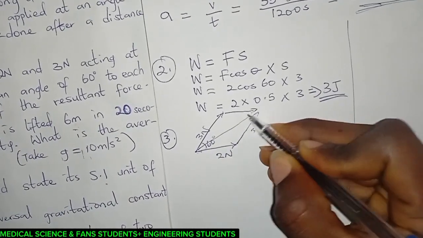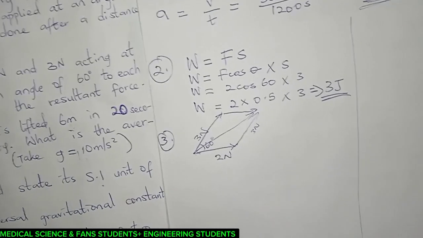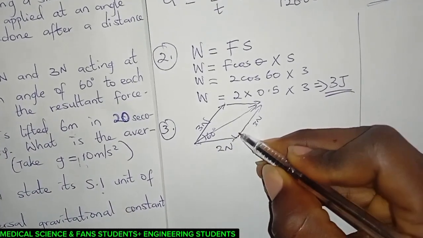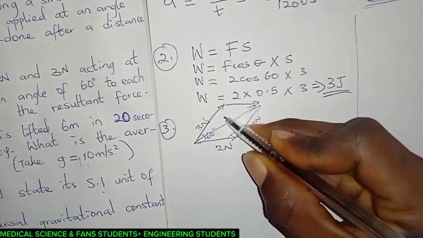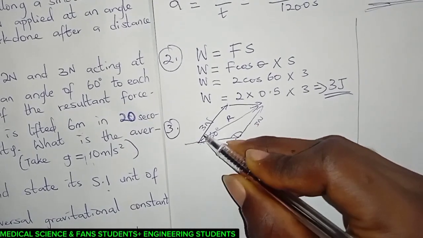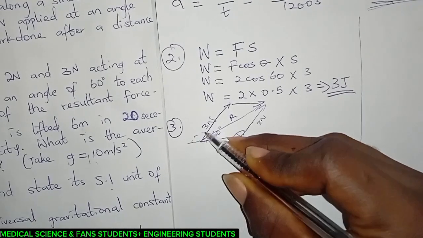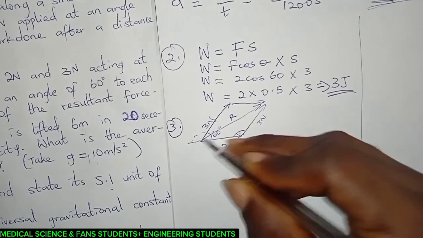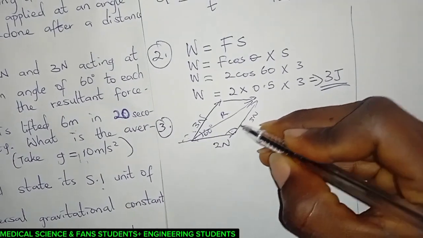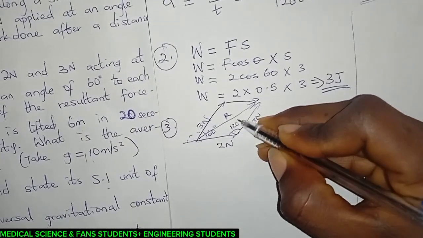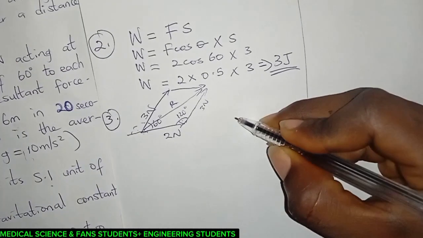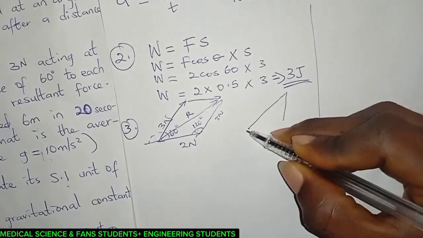So I will now use the diagonal, and for me to use cosine rule, I always need to find the angle here, so that it will be opposite the resultant. How to do that is to say angle on a straight line, then corresponding angle. Angle on a straight line is 180. 180 minus 60 is 120 degrees. So what I'm using is 120 degrees.